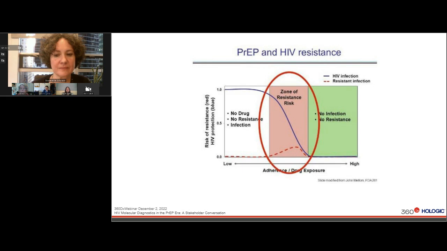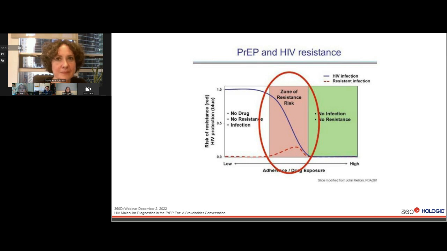But the big risk that we actually see and work hard to avoid in the laboratory, together with our clinical colleagues, is starting patients on PrEP during that window period that Dr. Van Der Pol discussed, where a patient's infected, but we just don't see it yet through laboratory testing. That's why the recommendations are typically to do the test within a week of starting PrEP, as close to the start of PrEP as possible, with the most sensitive assay available, which is typically a 4th generation antigen antibody test.